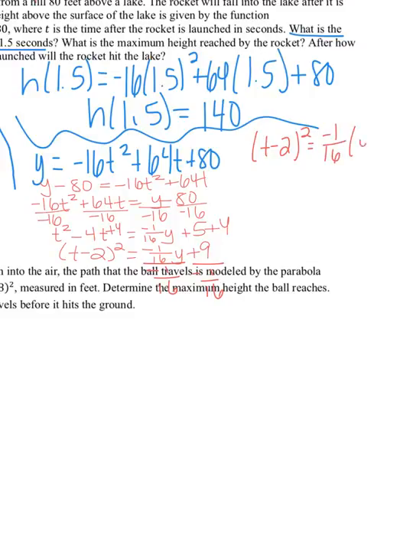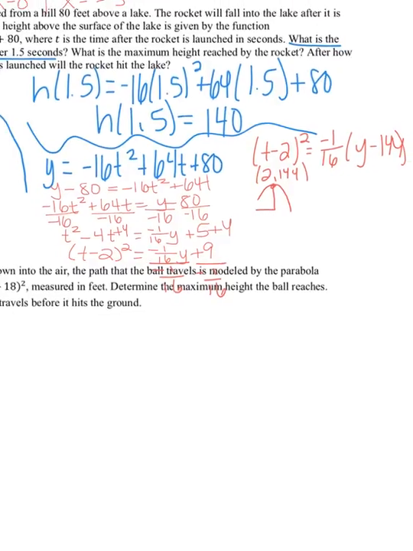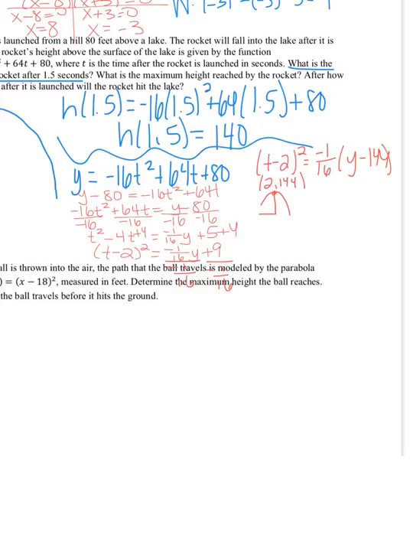And I am left with y minus, if you do 9 divided by negative 1 over 16 in your calculator, you get 144. So that tells me that for this parabola, the maximum is (2, 144). So what that means is after 2 seconds have passed, it's 144 feet in the air. So this question, what is the maximum height reached by the rocket? The maximum height is 144 feet.